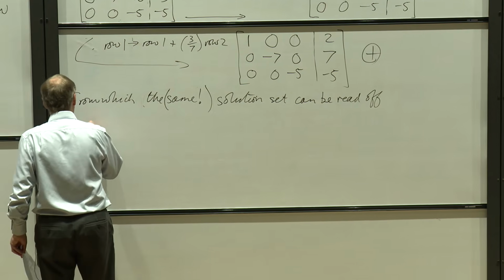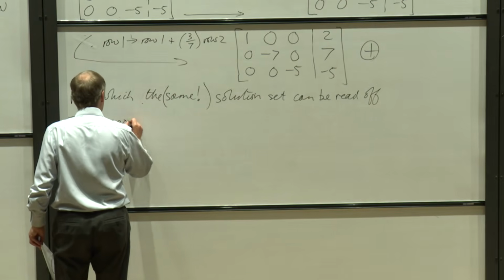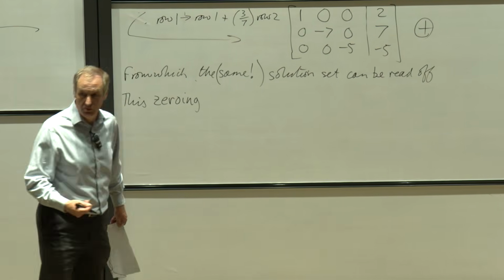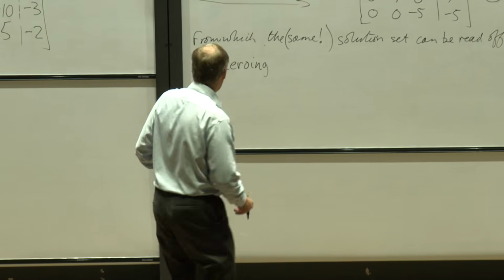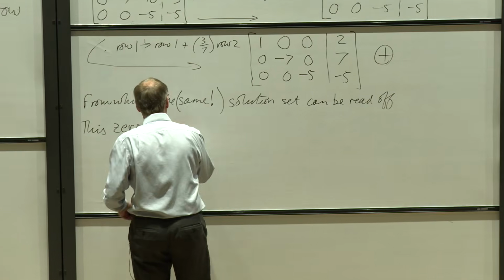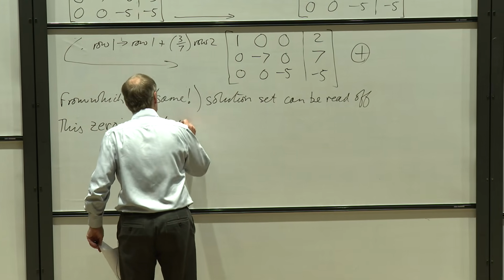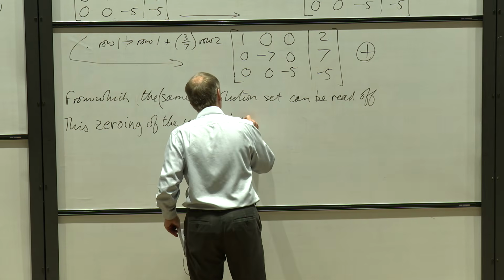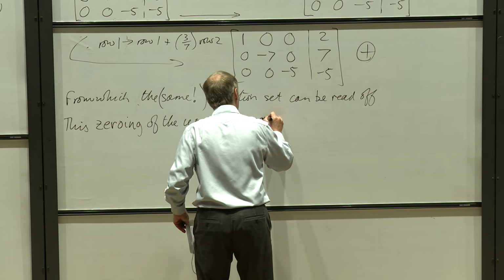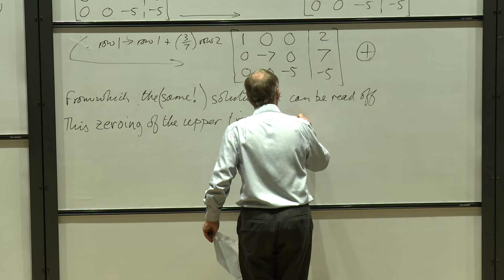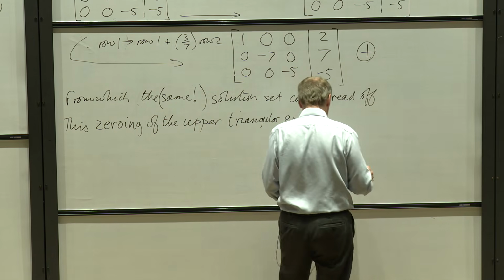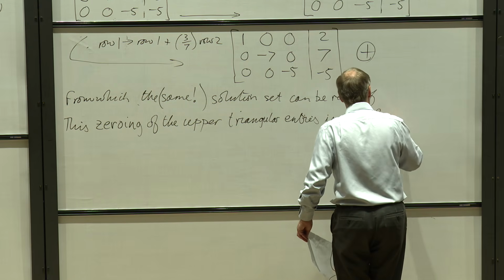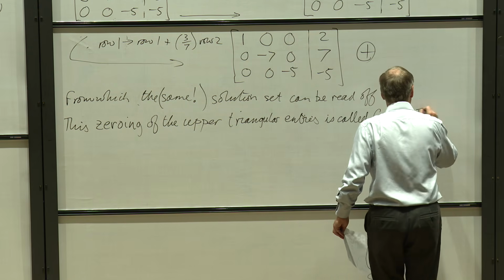This, and here's an interesting verb you've perhaps never heard of before, this zeroing, this is the participle of the verb to zero. This zeroing of the upper triangle is called, it's also named after Gauss, so Gauss and also Jordan.